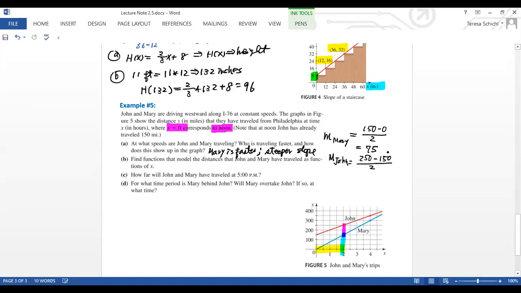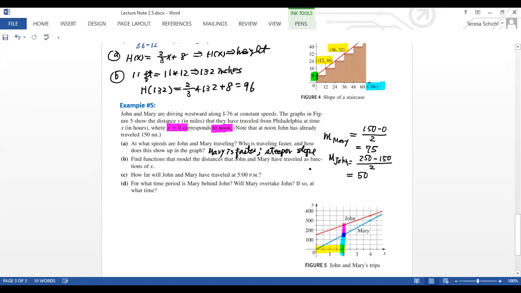The hundreds here, and this is the 50s here. All right, so this is John's.